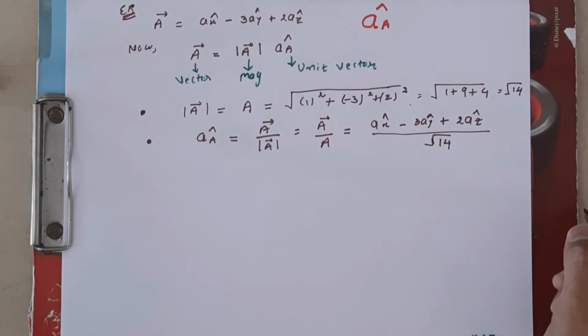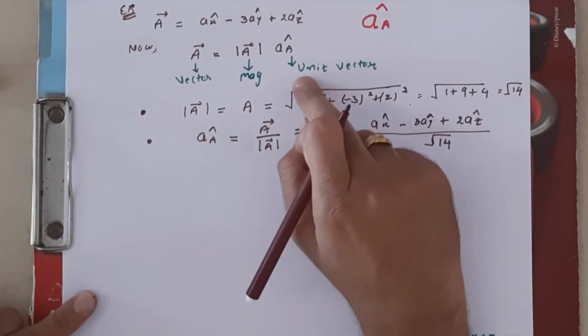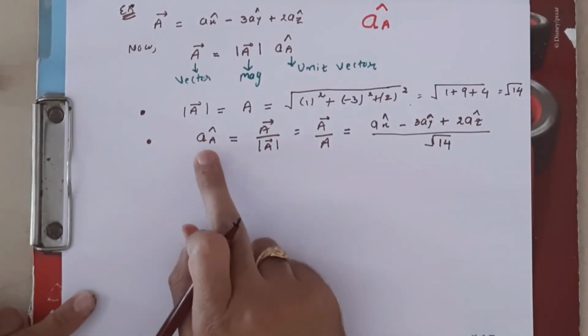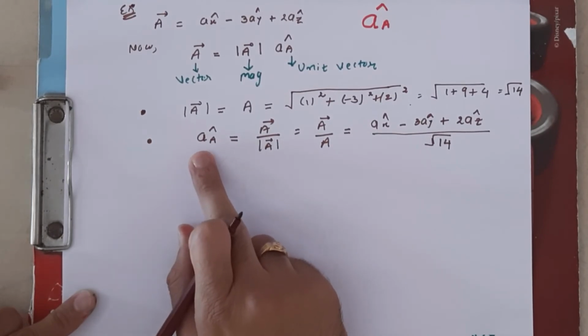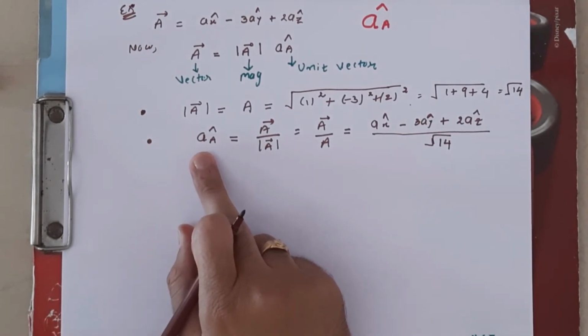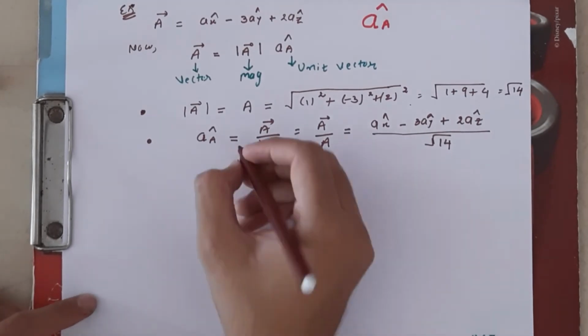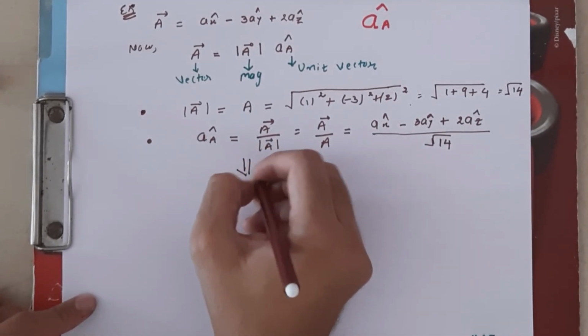Now the question is, why is it known as a unit vector? Because if you find the magnitude of the unit vector, it is always 1. Let me do this: find the magnitude of this unit vector.